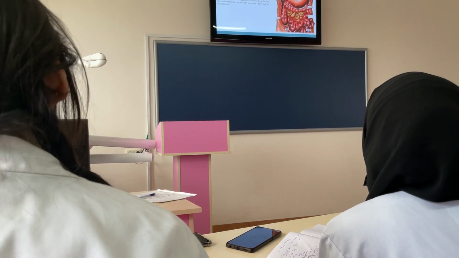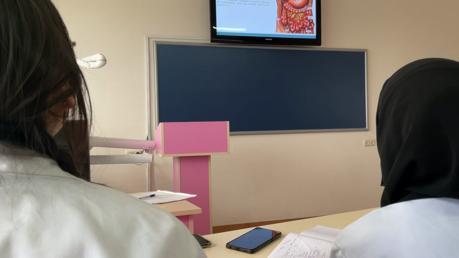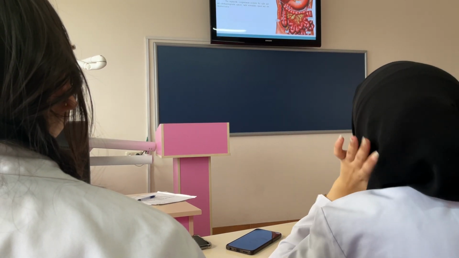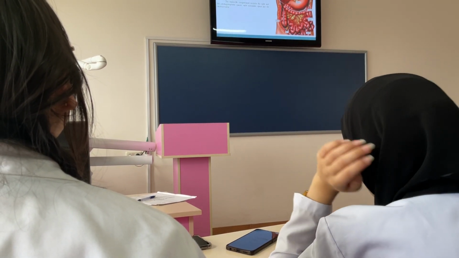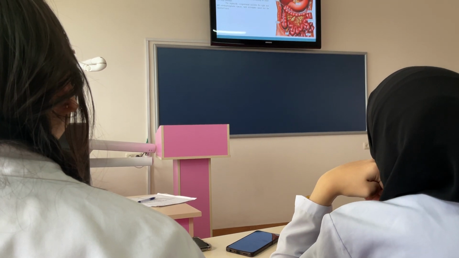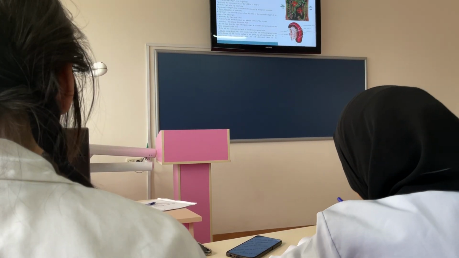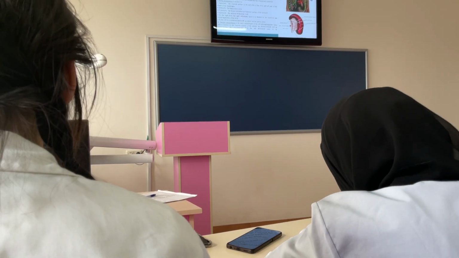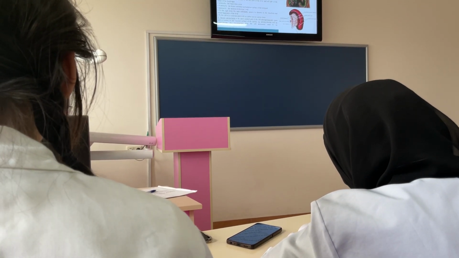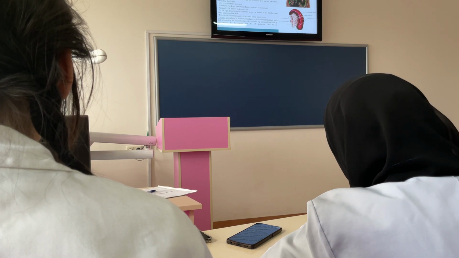If something is located in front of the stomach, the posterior wall will be the anterior wall of the stomach and the lesser omentum. You understand it? That's all right, please. Posteriorly, it is the anterior wall of the stomach and lesser omentum. Of course, anteriorly, I will have the anterior abdominal wall.